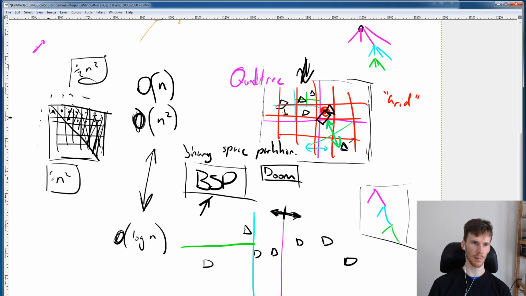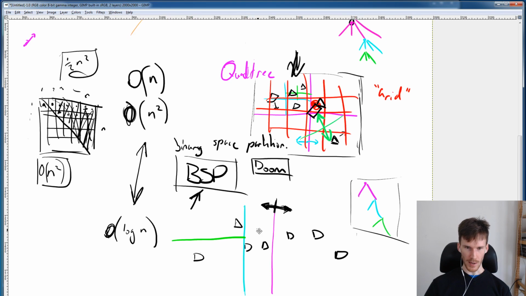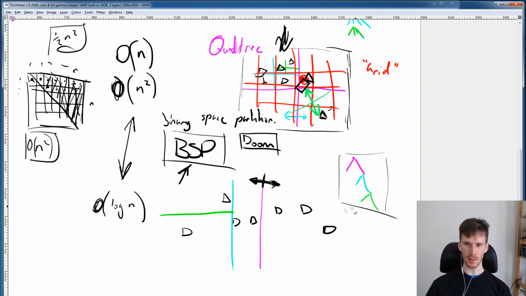So that's how you end up with O(n squared), because you've got n times n. Okay, that makes sense. Whereas in this case, just say we had a BSP tree, for example.